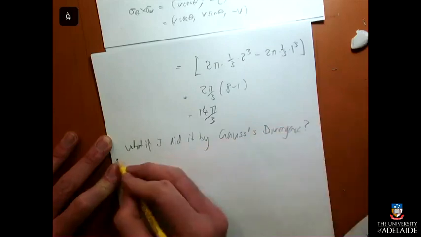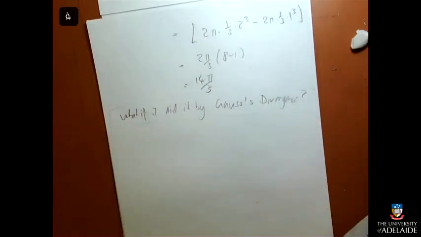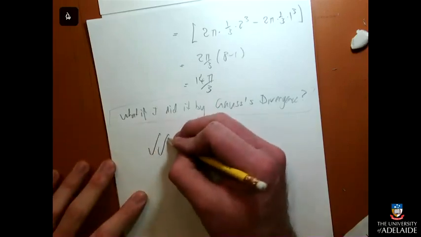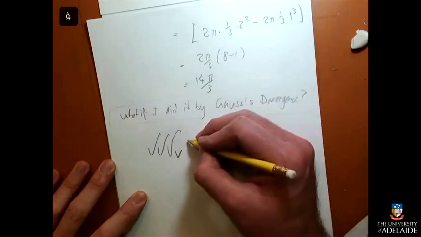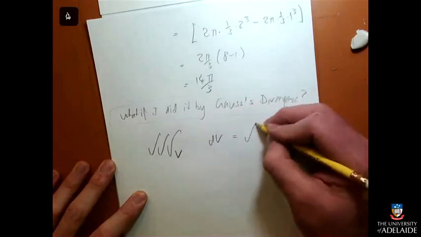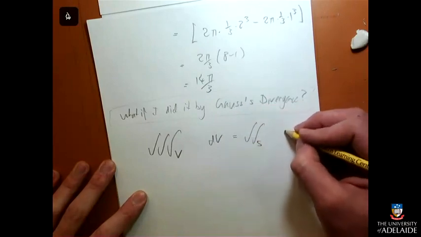What if I did it by Gauss's divergence instead? Gauss's divergence theorem says that if you have a vector function, it's got derivatives in it, right? So the triple integral across a volume of some derivative of some sort is the same as a double integral across the boundary of the original function.